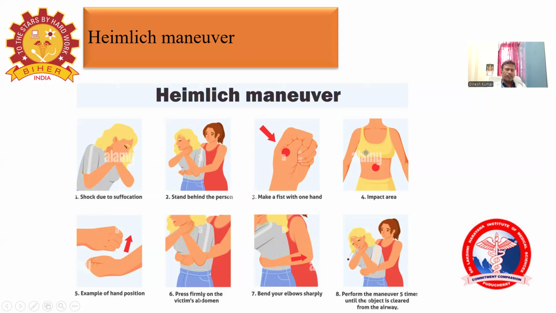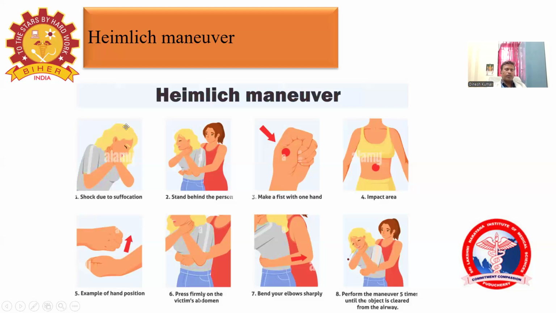Next, give pressure in the epigastric area, in front of the abdomen above the umbilical region. Press firmly on the victim's abdomen. Slightly bend your elbow sharply and perform the maneuver five times until the object is cleared from the airway.